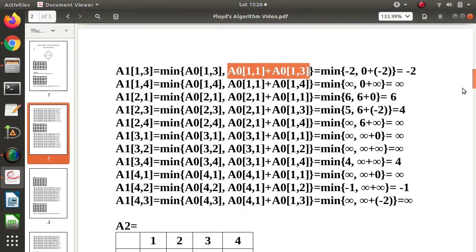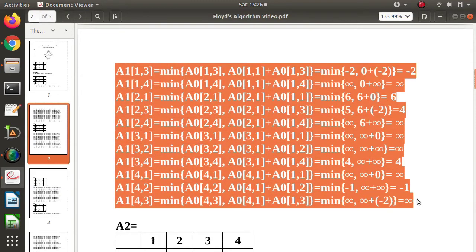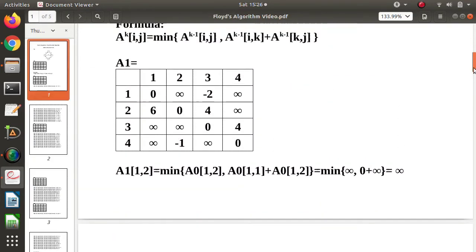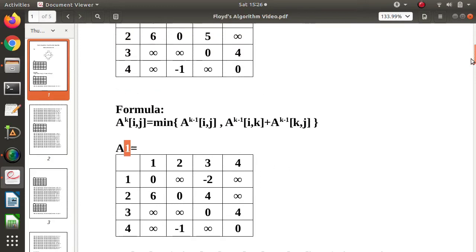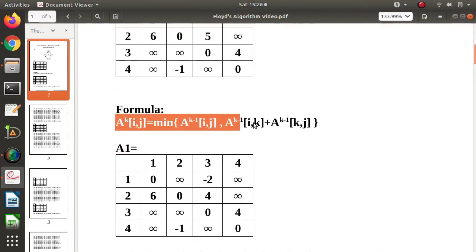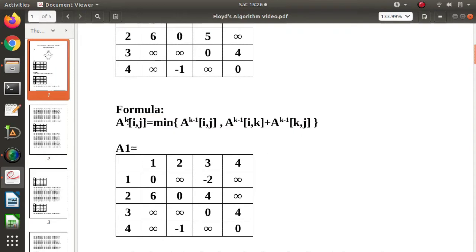Now see here, all these values we are calculating for the matrix A1, taking 1 as an intermediate node. And see what formula we are using in this case. This is a new matrix we are calculating, and K, in this case, will be 1. We are calculating the distance from node I to node J, and we are taking the minimum value. This is the original value, the previous matrix value, and we are comparing it with this.